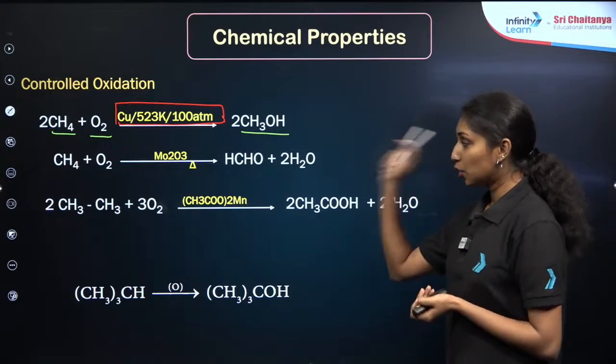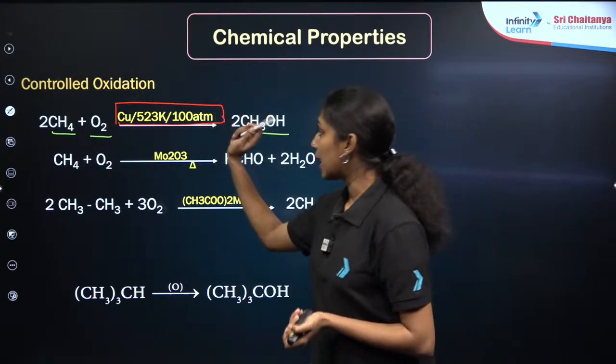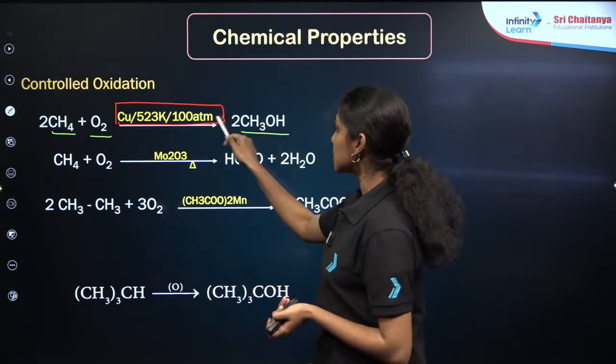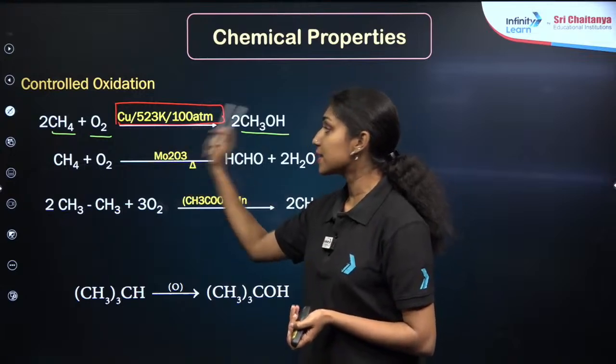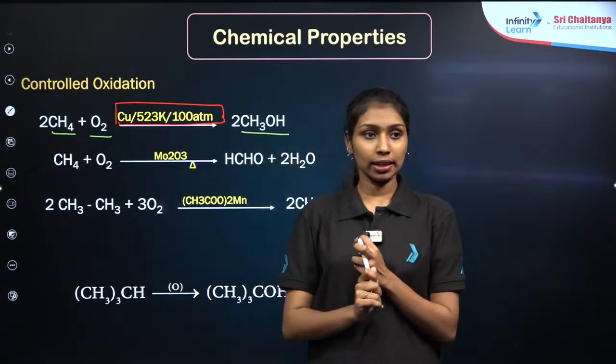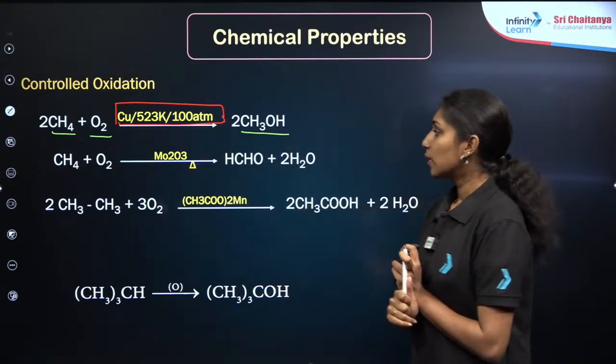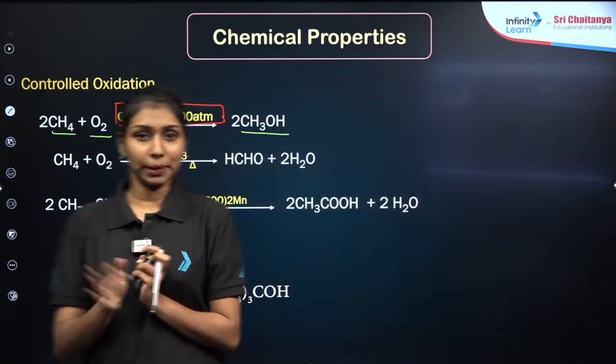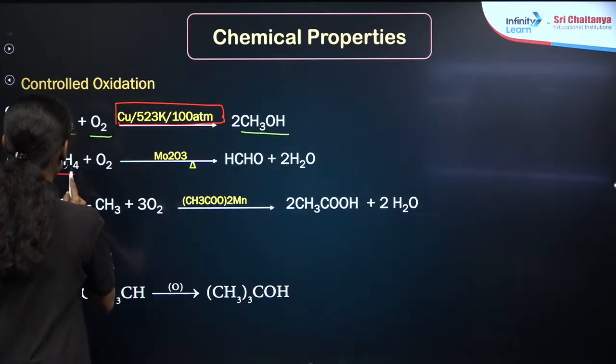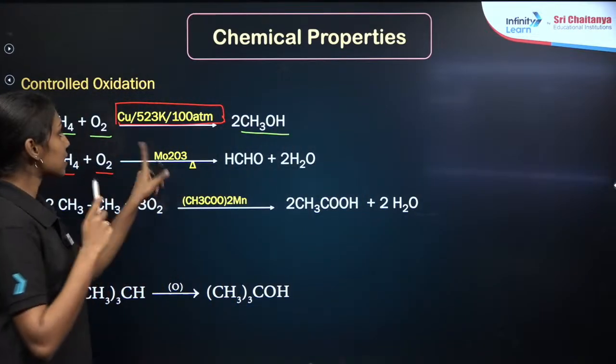Here we need to memorize the catalyst or the particular compound which is used. Copper at high temperature and pressure, you will get methanol. Clear? So next one, I am repeating the same methane and oxygen, but I changed the catalyst here.